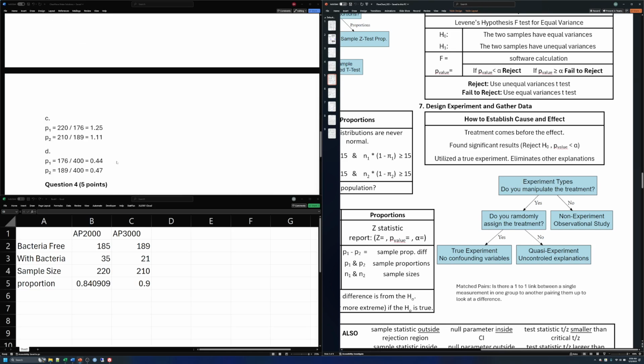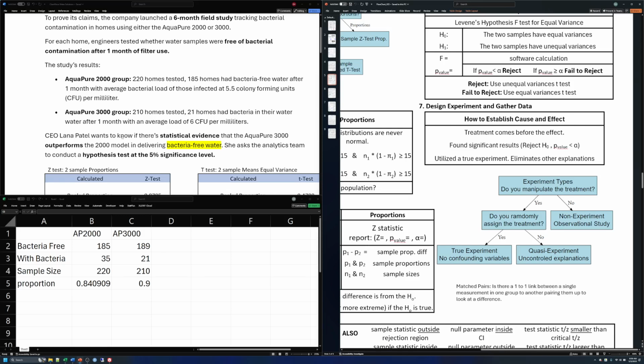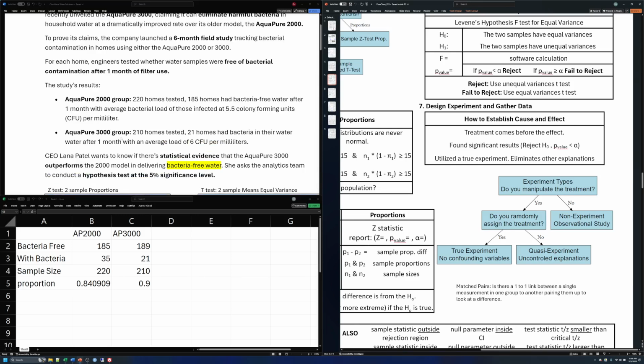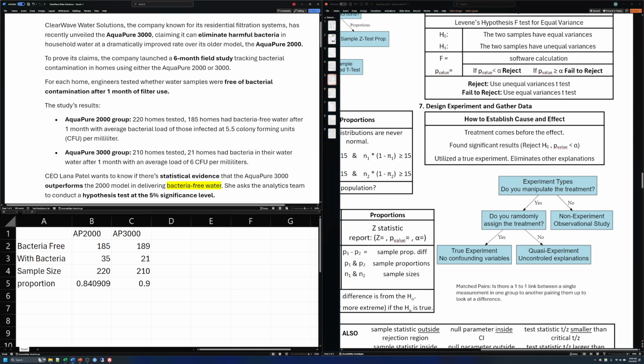So let's see what's going on here. In our problem, how do they gather the homes? Here we say, to prove its claim, the company launched a 6-month field study tracking bacterial contamination in homes using either the AquaPure 2000 or 3000.